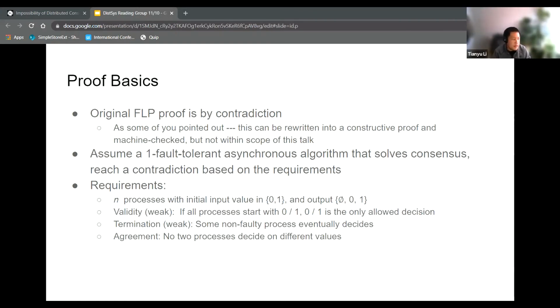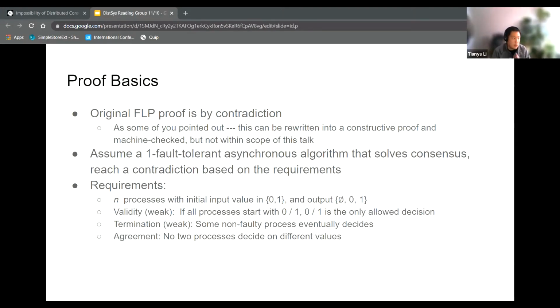So let's assume for the proof that you have a one-fault-tolerant asynchronous algorithm that solves consensus in this setting, and we want to reach a contradiction based on the requirements of the algorithm. Let's restate those requirements. They are very similar to the ones we've seen before. You have three key properties.